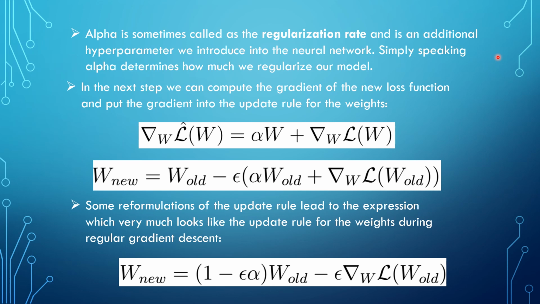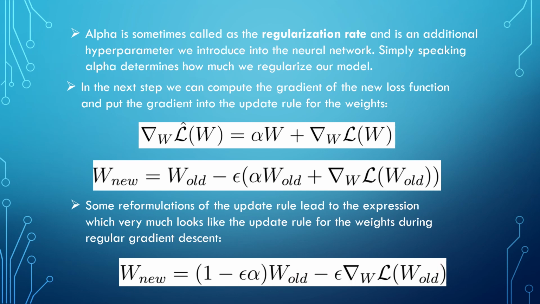In the next step, we can compute the gradient of the new loss function and put the gradient into the update rule for the weights. Here you can see the two equations, and some reformulation of the update rule leads to an expression which very much looks like the update rule for the weights during regular gradient descent. This is the new equation we got.